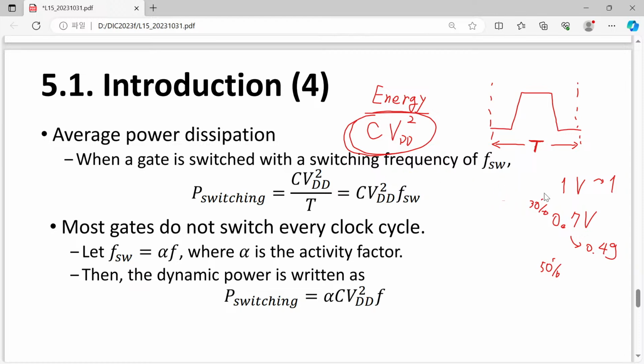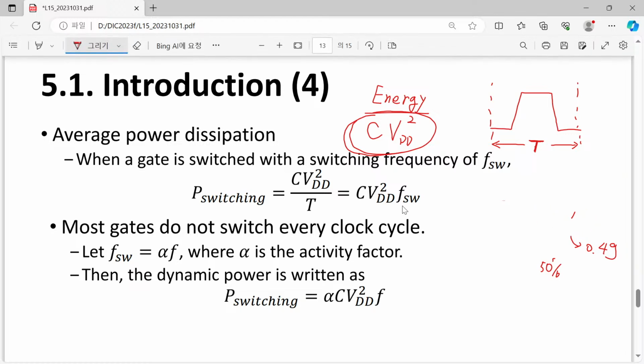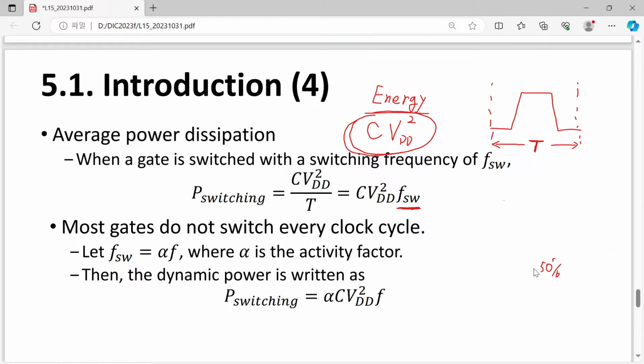Anyhow, we must operate our system. So within a given frequency range, more or less given, we must have a certain technology which can provide us a lower VDD and also a lower C value. Are you all with me?